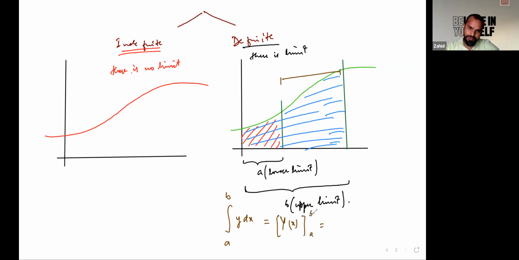Put the value of x to be b in the first part, so it will be y times b. Similarly, the lower limit a gives the next part. Now we have to subtract these two values to find the required part of this curve. So we'll just subtract these two terms. This is the whole process to do this definite integral.